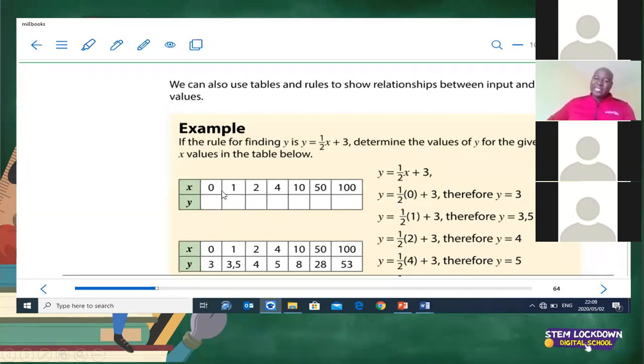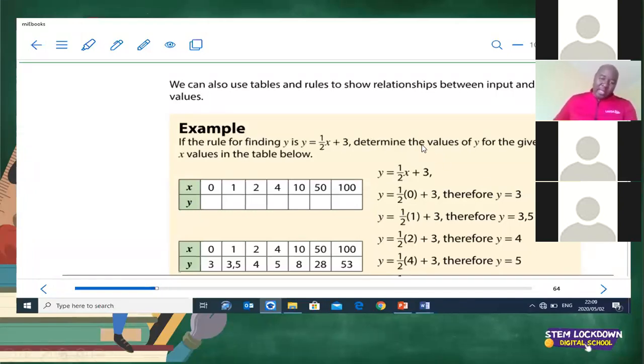If x is 0, then where there is x, we put 0 there, like in this case. Half of 0 plus 3. And what is half of 0? That is 0. So multiply half by 0, you get 0. And 0 plus 3 also gives you 3. Because we are adding nothing to 3, therefore you have 3.